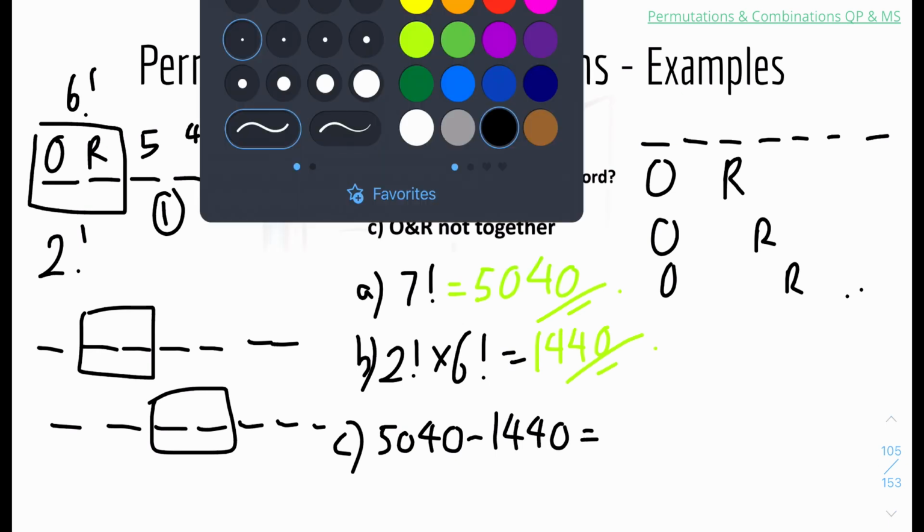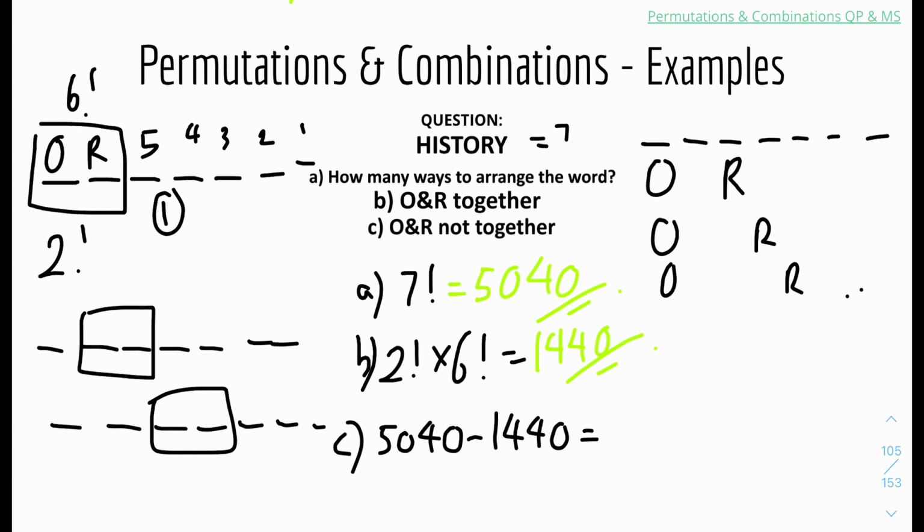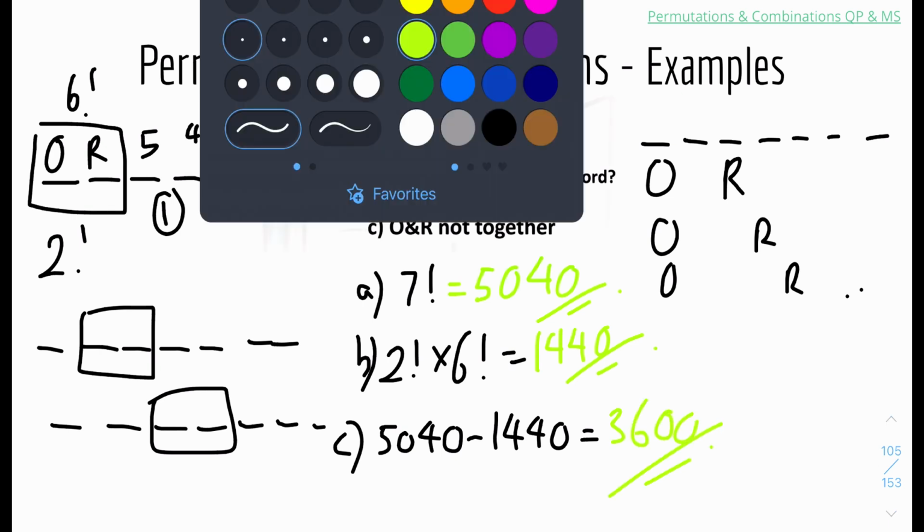If you have the total number of arrangements, take away the times when they are together, you can find the times when they are not together, which is what you're trying to find, which is equal to 3600. And it's a nice trick to know.